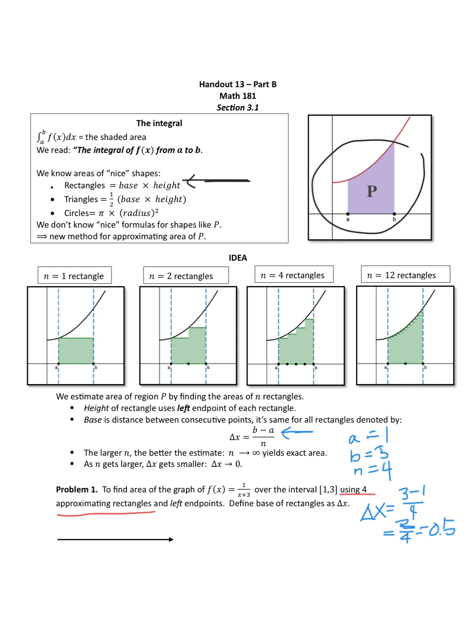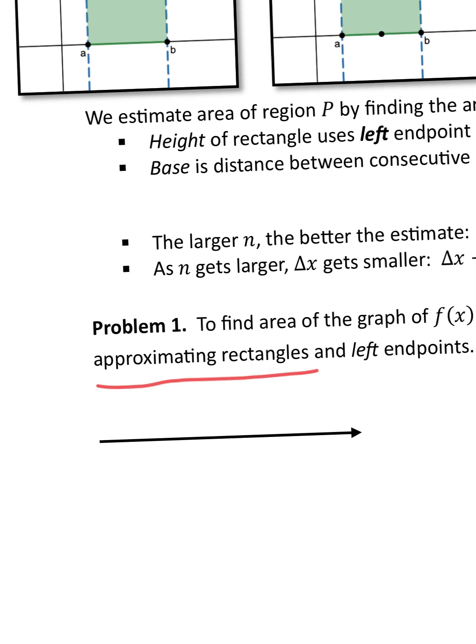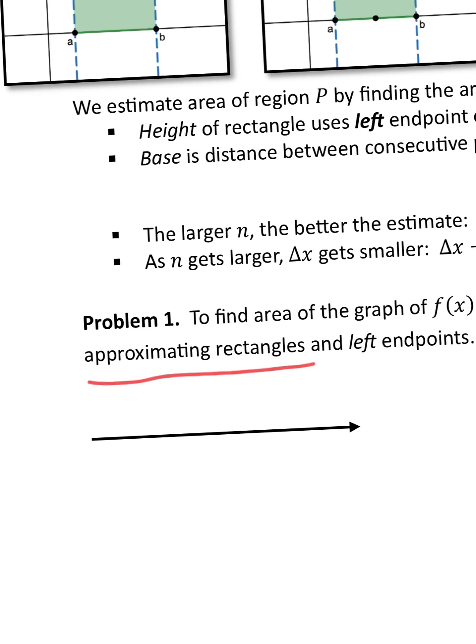So we have that our interval is from 1 to 3. Since I've already identified delta x as being equal to 0.5, I'm going to write down the endpoints of this interval, which were from 1 to 3. And I also know that the midpoint in there is 2.